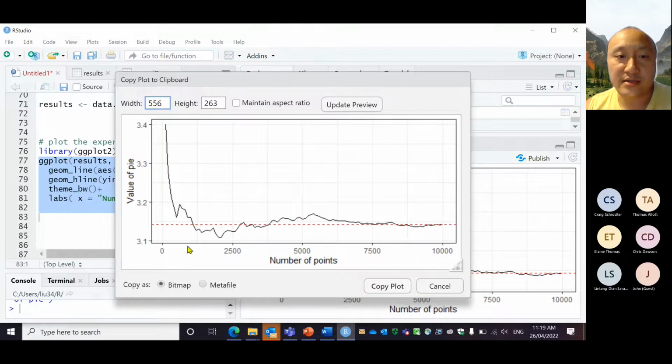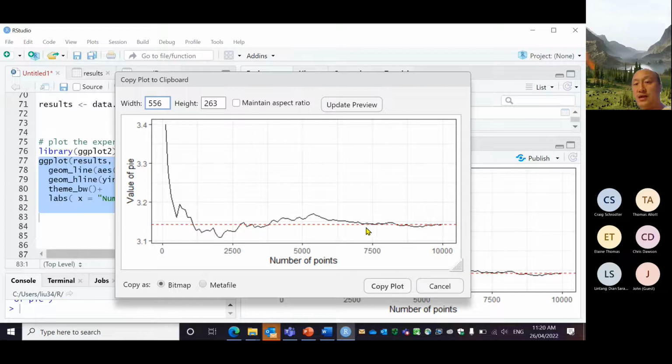We got the chart. So as you can see, when the number of points is 100, that's the first one, our evaluation of pi is very off the target. It's 3.4. And then as I increase the number of points in each experiment, we are approaching the true value of pi, sometimes higher, sometimes lower.